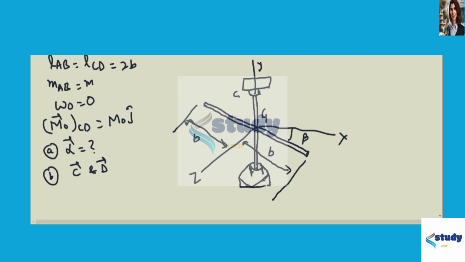Let us start solving it using the principal axis, G x' y' z. This is your x' and this is, I am drawing with blue color, your y'. So this is your x' and this is your y'.